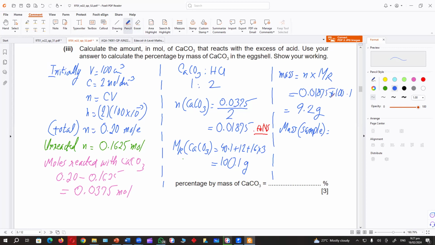So see the calculation. So it's 93.8%. That is fine.